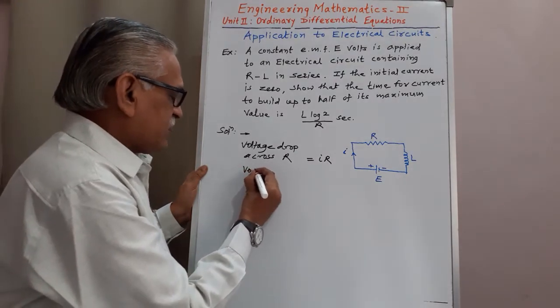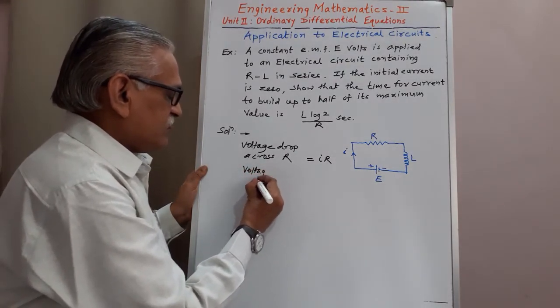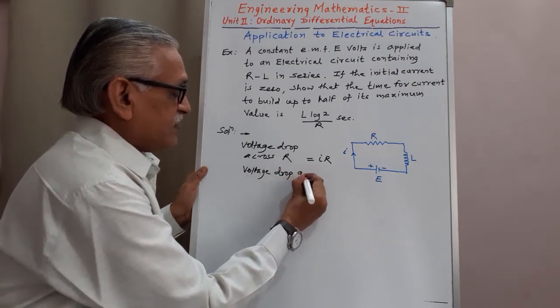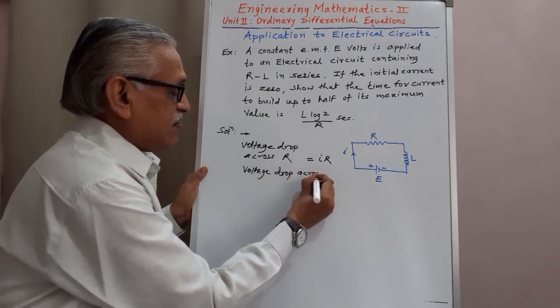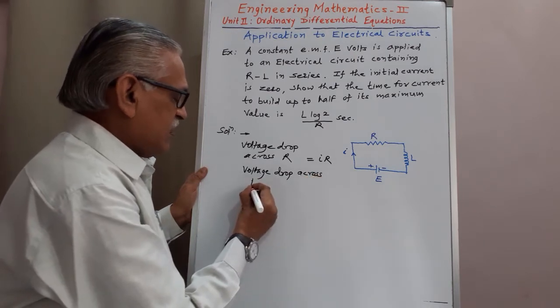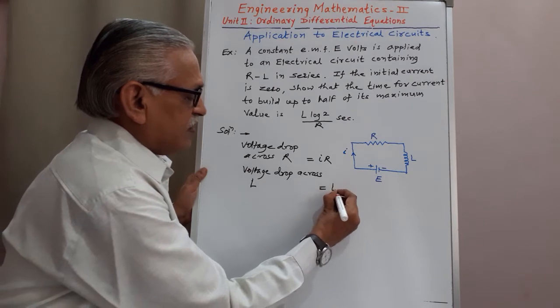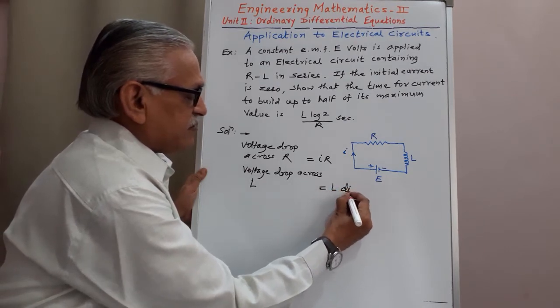Second, the voltage drop across L is equal to L di by dt.